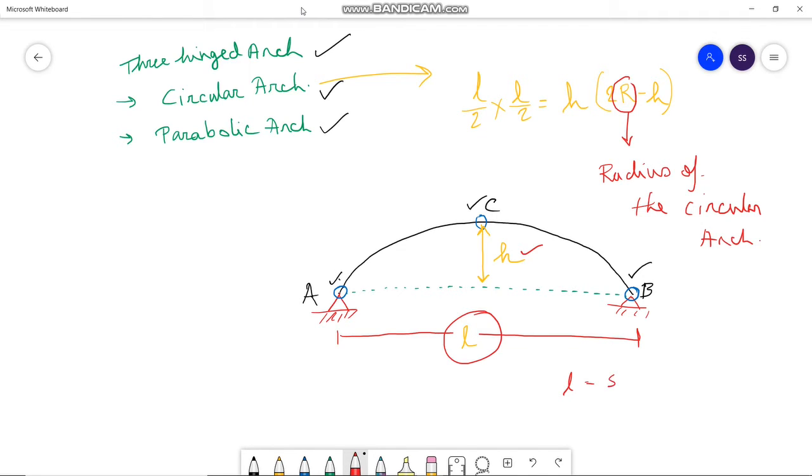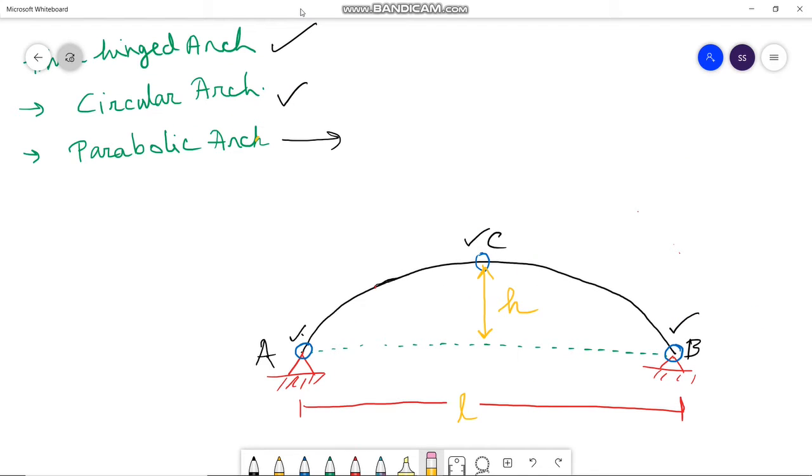L equals the span of the arch, that is here, and H is the height of the crown, that is this.